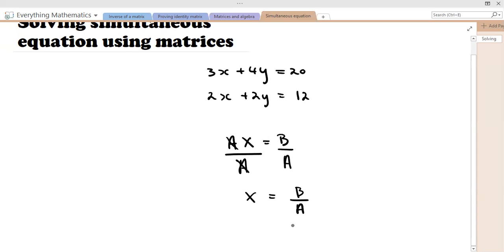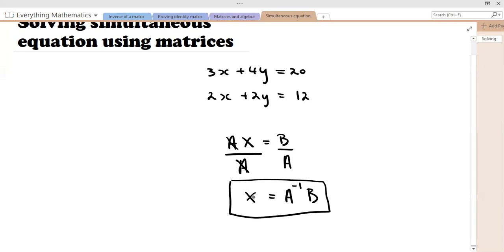But we don't really divide matrices, or at least as far as I'm concerned, it's not anything we were ever taught in high school, though possible. So instead of B over A, we apply our indices rule, which simply says whatever we have as a denominator, we throw it at the top as an inverse, and we multiply that by B. And this here is really and truly your golden rule when it comes to solving simultaneous equations using matrices.